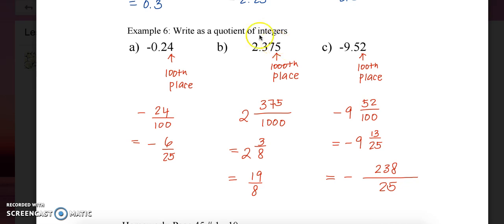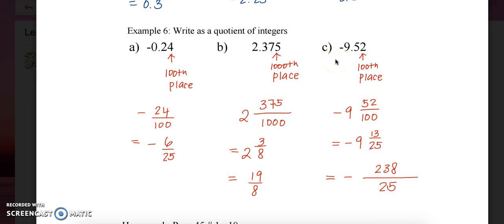However, the question says write as a quotient of integers, so it doesn't say write as a fraction. To write this as a quotient of integers, we really mean write it as an improper fraction. So you have to convert the mixed fraction into an improper one. So 2 times 8 is 16, plus 3, that's 19, 19 over 8.